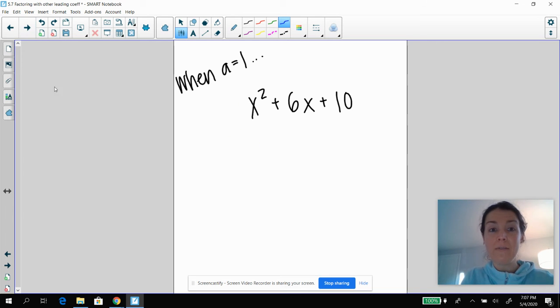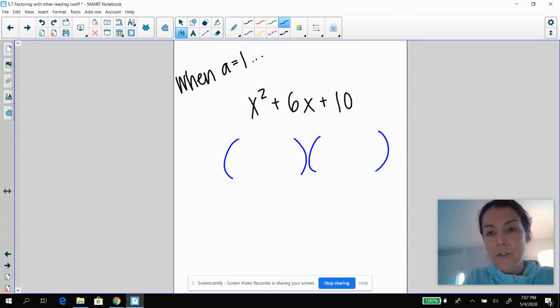So let's remind ourselves of the very first step when a was equal to 1, and this is the original quadratic we saw on the first slide. We always did this first. We drew our two little parentheses, and then we put an x here and an x here.